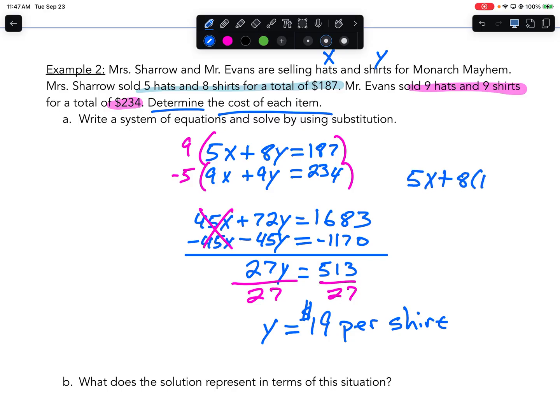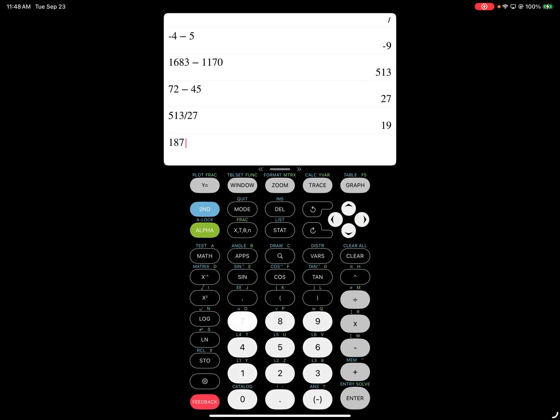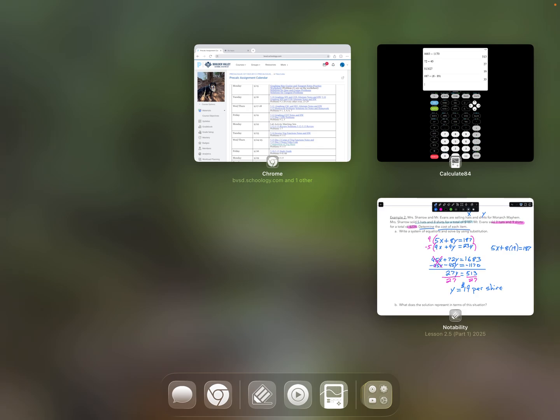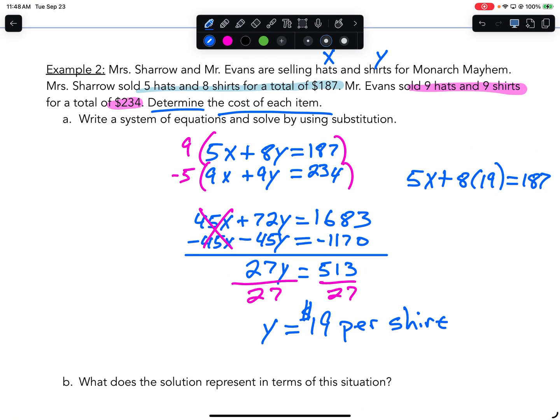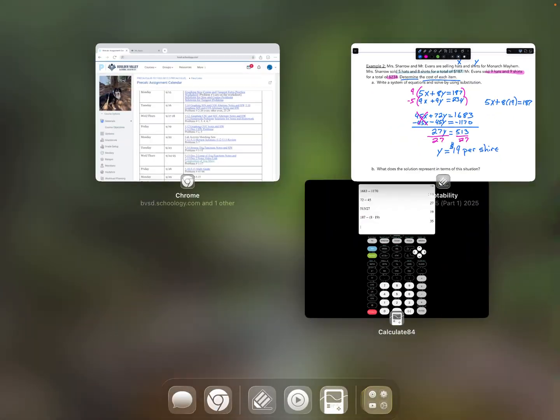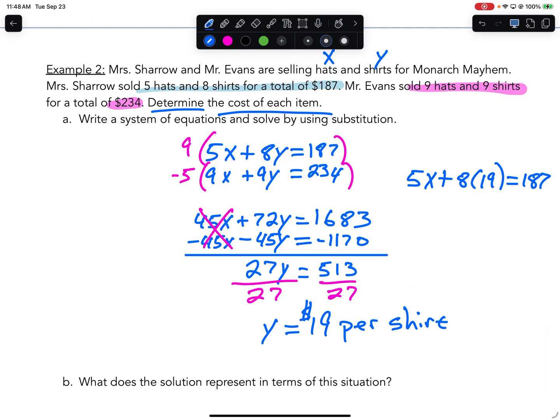8 times 19. 187 minus 8 times 19. I get 35. So if I subtract, I should just do it more. 8 times 19, I get 152.